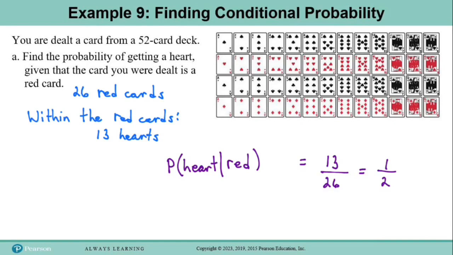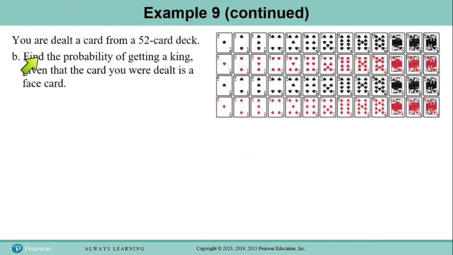But what I want to make sure that you understand is that whatever comes after the vertical bar limits our sample space. So instead of the sample space being the whole 52 card deck, we are limited to just the red cards. Now for part B, find the probability of getting a king given that the card you were dealt is a face card. So we would write that we're looking for the probability of getting a king given that we know we're getting a face card.